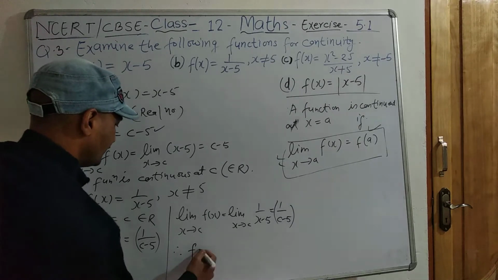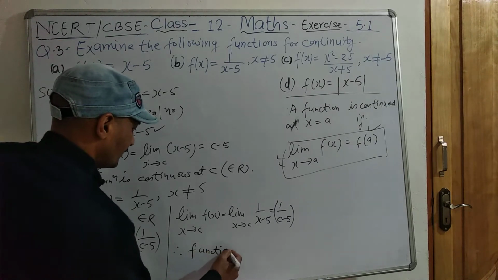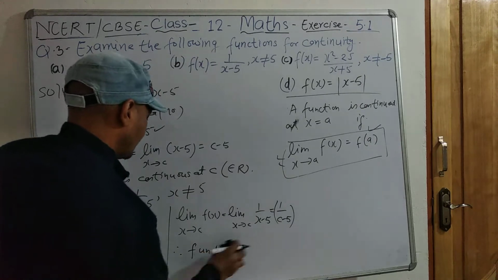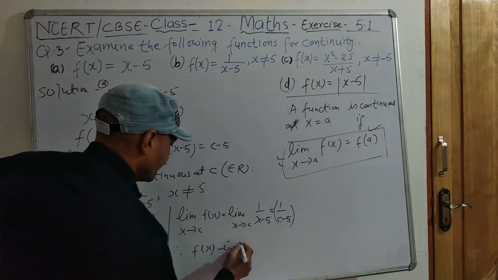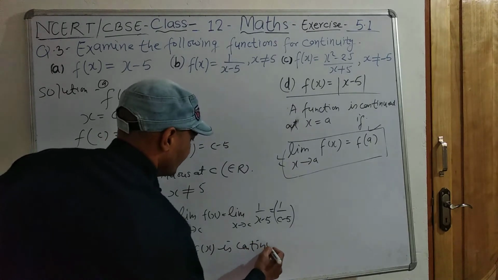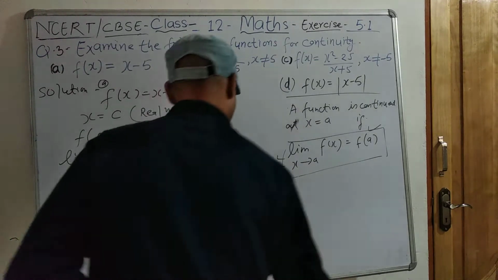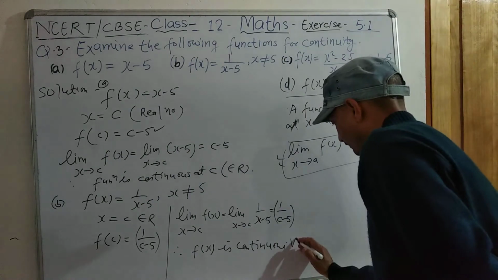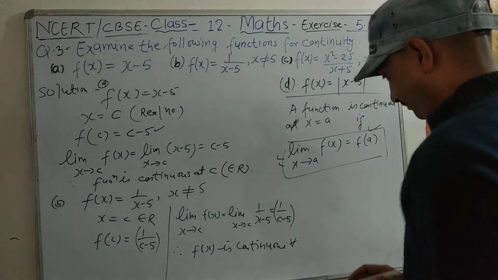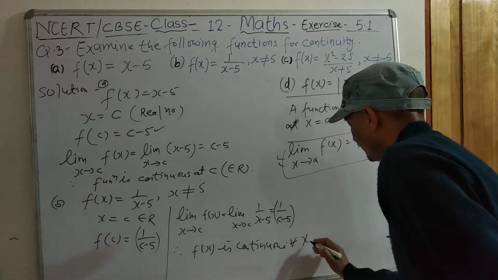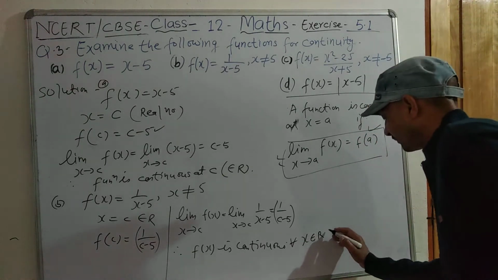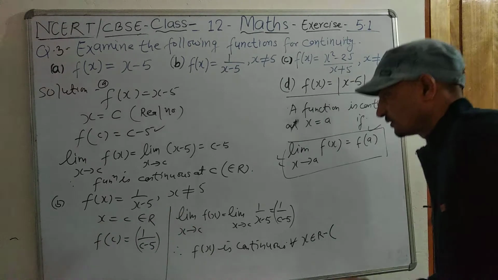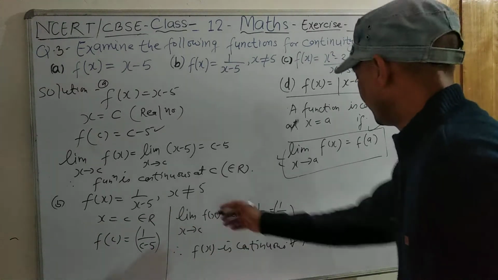That means the function f(x) is continuous for x belongs to the real numbers, but not 5.